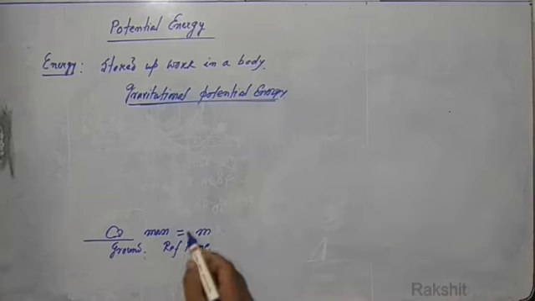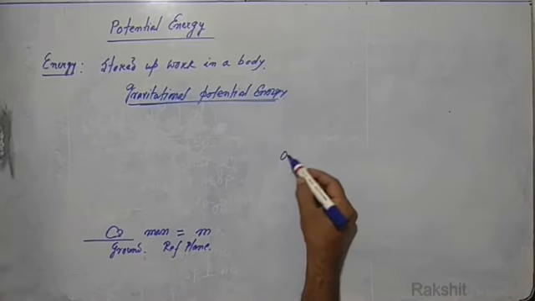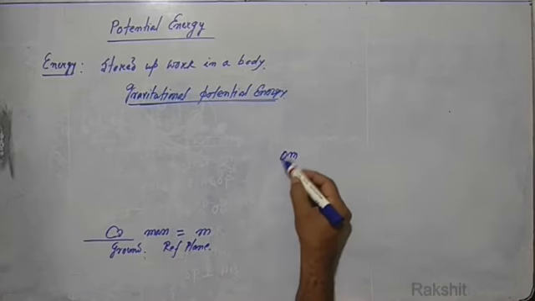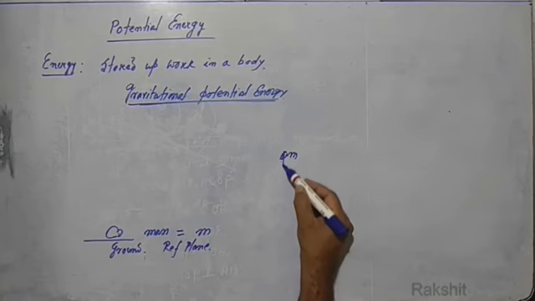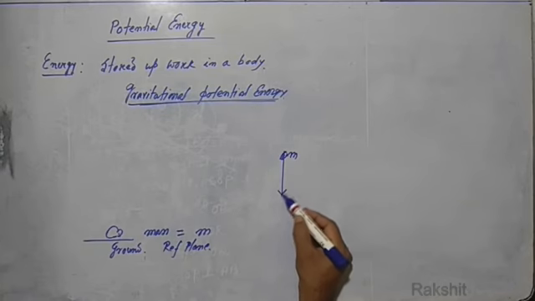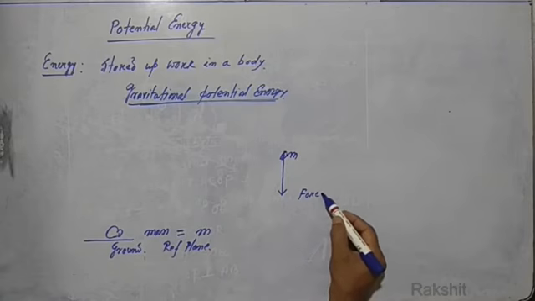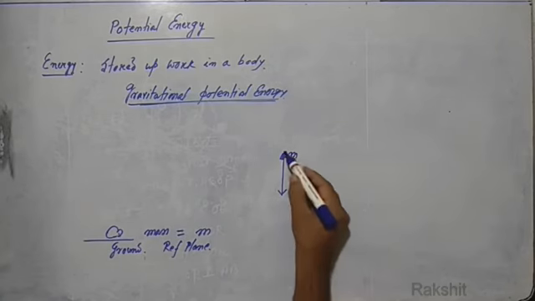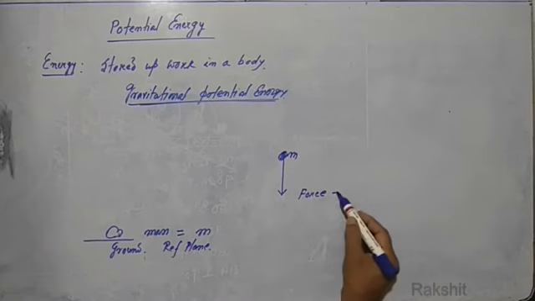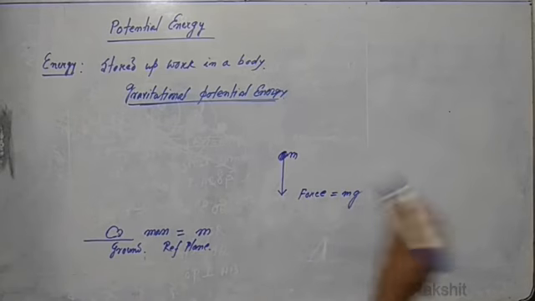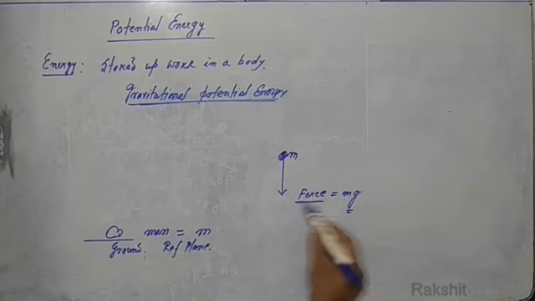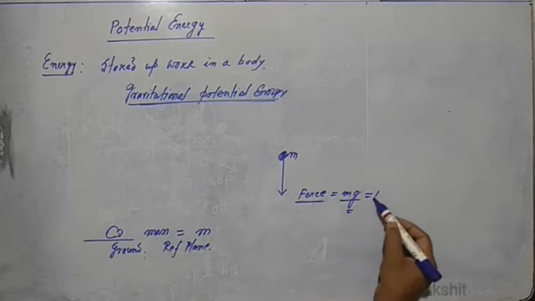We know that a body of mass m is acted upon by a force due to gravity, a force of attraction. The force acting on this body is equal to m into g, where g is the acceleration due to gravity. It's a force and it is termed the weight of the body.